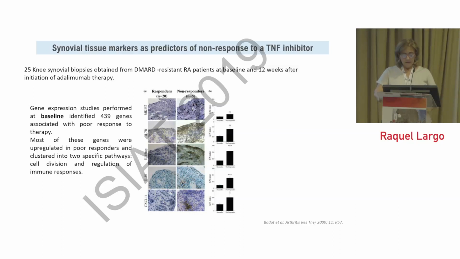And this concept, assuming the limitations of this study, puts on the table a very attractive issue: you think that probably the better drug for a patient is the one blocking a specific pathway that is increased in this patient.